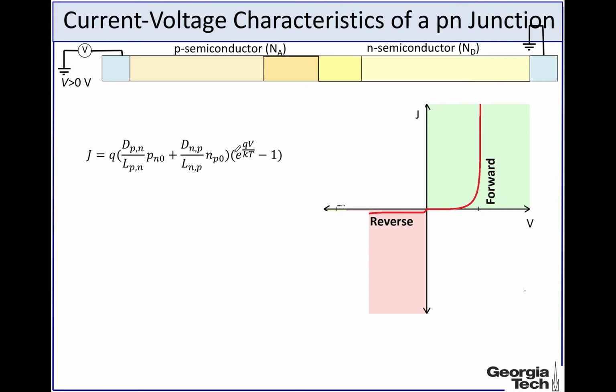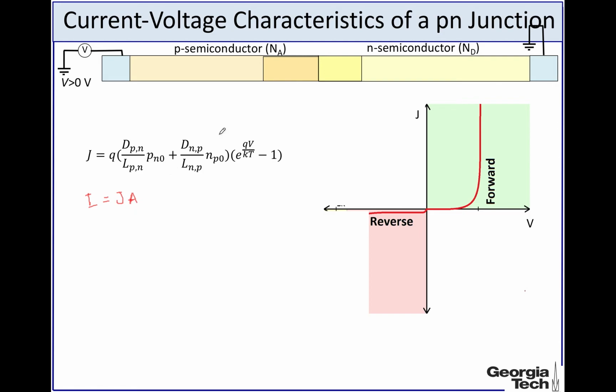All right. So this is the current density, and the current I is simply J multiplied with A, being the area of cross section of the PN junction. And if we plot J as a function of V, this is how it will look. In the forward bias, it will have an exponential dependence, and in the reverse bias, it will be constant.